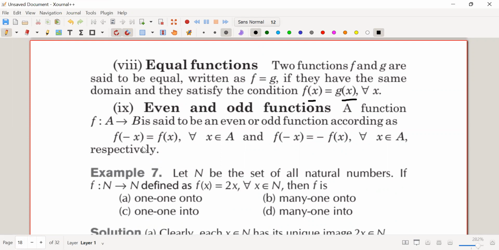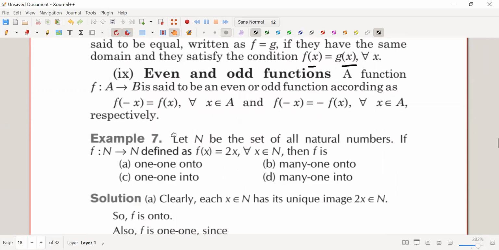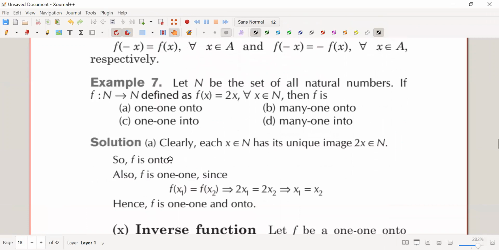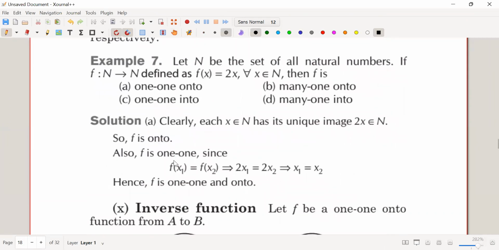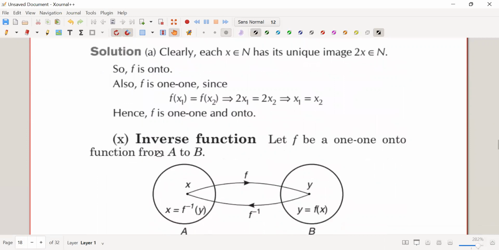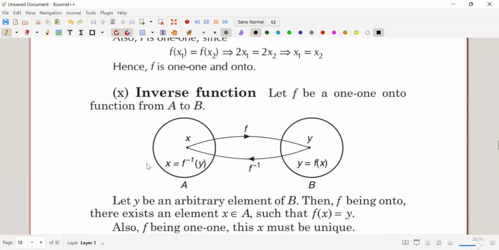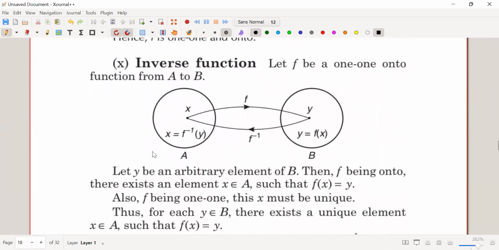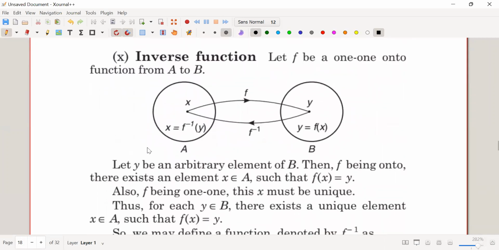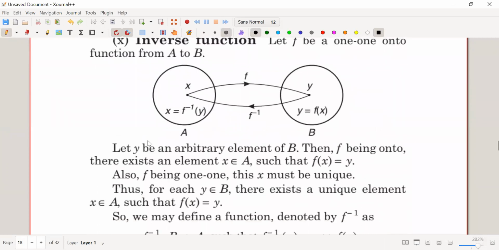ஒன் டு ஒன் ஆன் டு ஃபங்க்ஷன் என்ன? சரி, தெளிவா யோசி. ஓகே, குட். இன்வெர்ஸ் ஃபங்க்ஷன். a to b function na b to a is the inverse function.